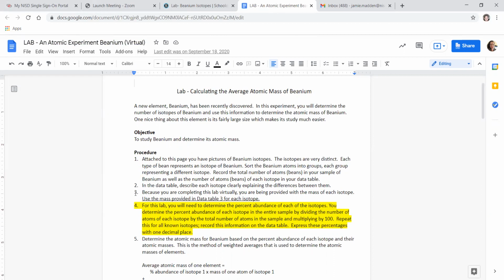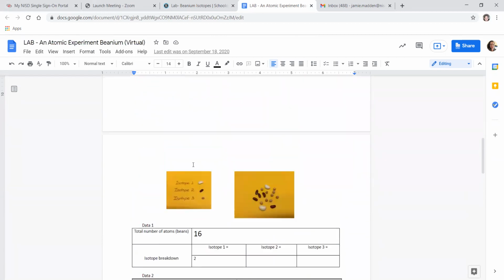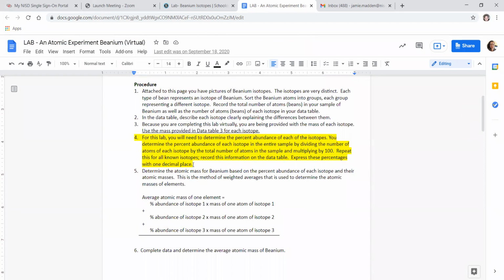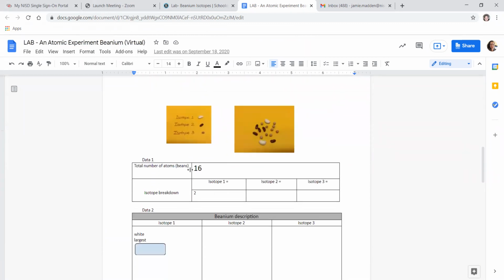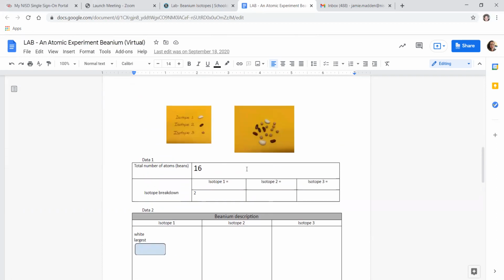All right, and we're going to just skip to number 2. In the data table, describe each isotope clearly, explaining the differences between them. So in this first data table, you see the total number of beans, and some of this is partially already done for you.